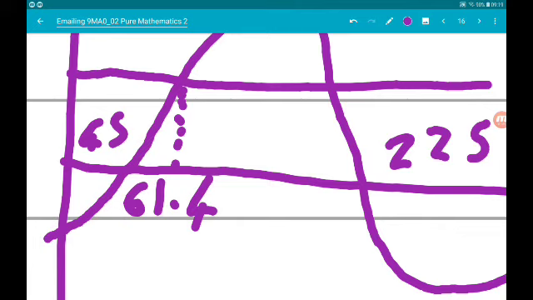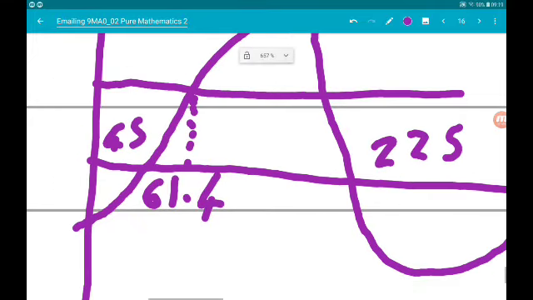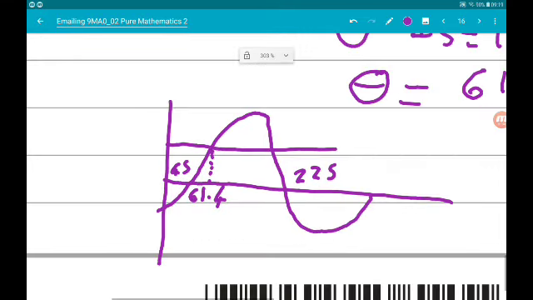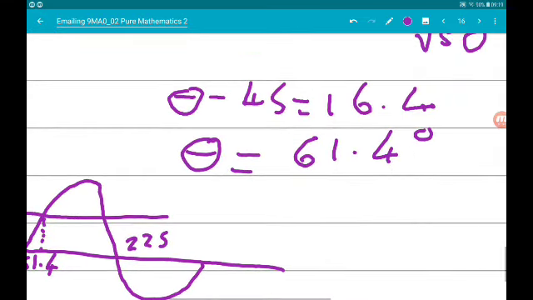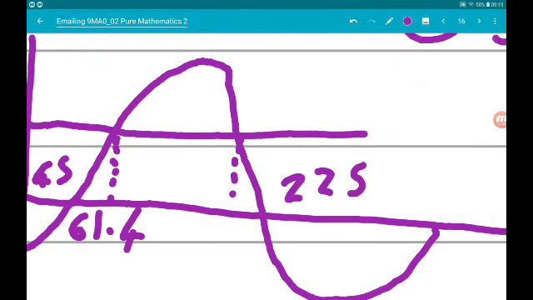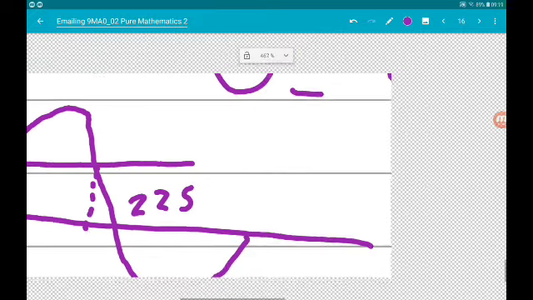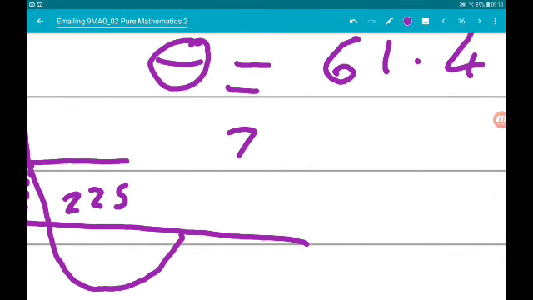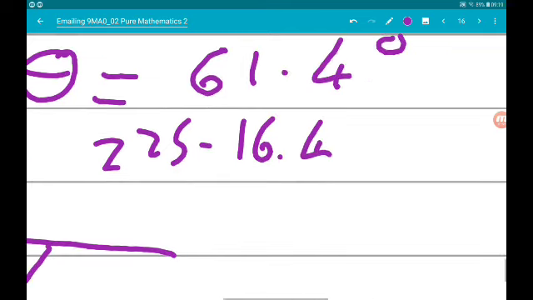Now, to find the other one, we use the symmetry again. We know the distance between 45 and 61.4 is 16.4. So to get this other one, we do 225 minus 16.4, and that gives us 208.6.